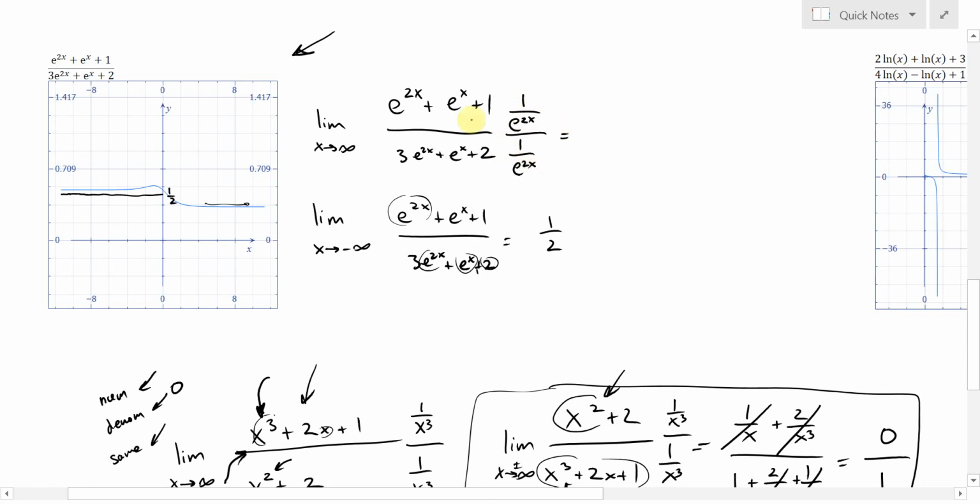What's this going to equal? e to the 2x over e to the 2x is going to be 1. e to the x over e to the 2x is going to equal, well, you're taking a quotient in this way, you just subtract the powers, x minus 2x. Alright, x minus 2x, we're left with negative x. So that's plus e to the negative x plus, well, that's just 1 over e to the 2x.